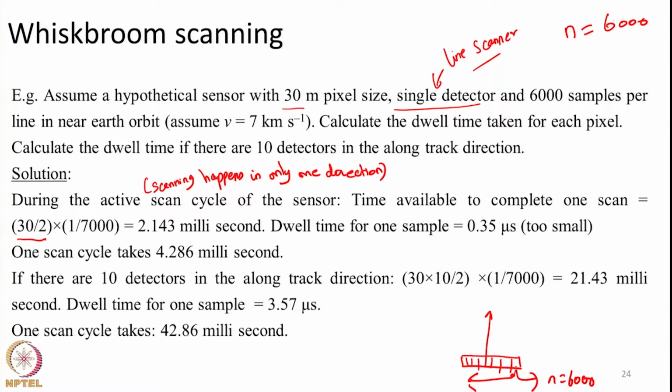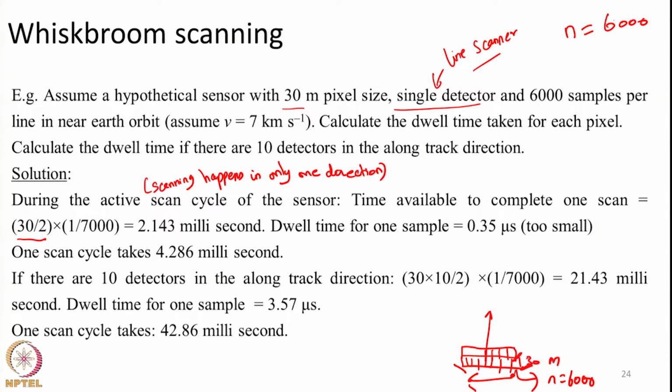So before the satellite moves to this second line, the scanner should start from here, scan to the end of this line, and again it should go back to this point. The satellite would have moved by a distance of 30 meters.